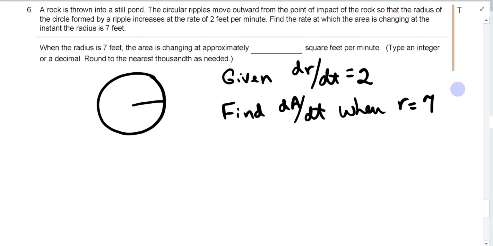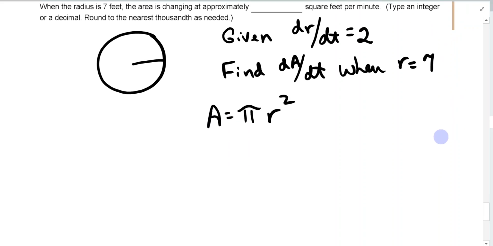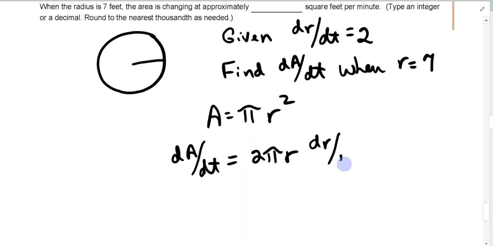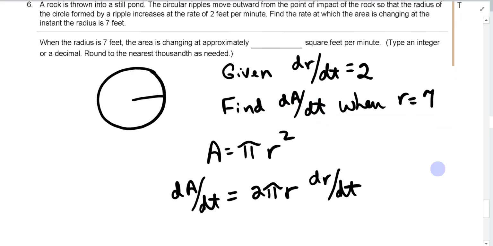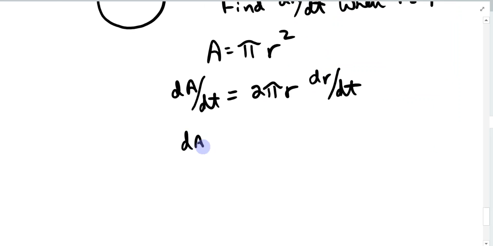So what do we know about the area of a circle? We know that A is equal to pi r squared. Let's take the derivative of that function. dA/dt equals, remember pi is a number, so 2 pi r dr/dt. All right, let's plug in what we know, and we're trying to solve for dA/dt. So dA/dt equals 2 times pi.